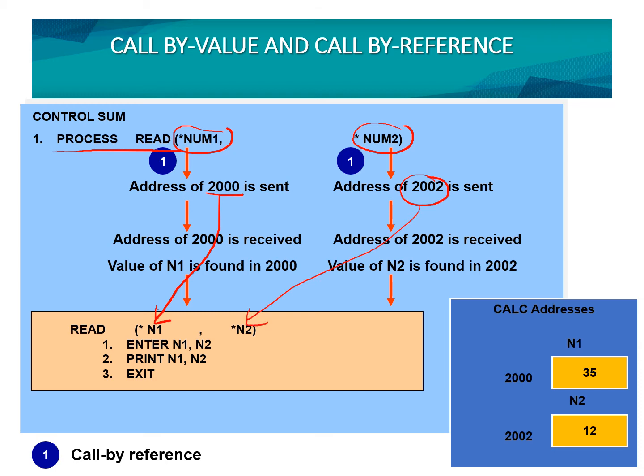So we're going to use enter n1 and n2. We print n1 and n2. Since we are entering two numbers, which is the address belonging to num1 and num2, anything that is changed in this one will be changed in here as well.